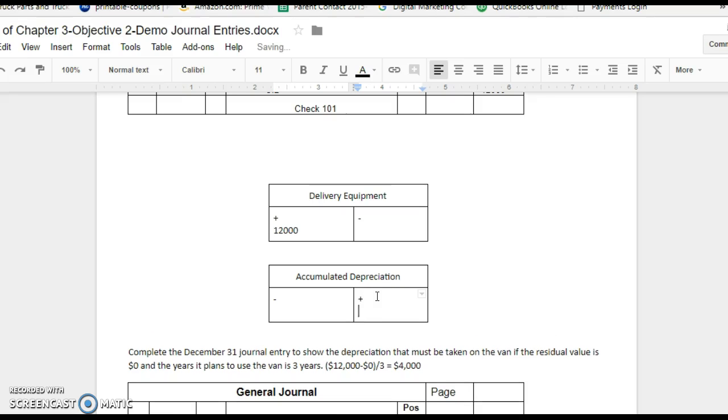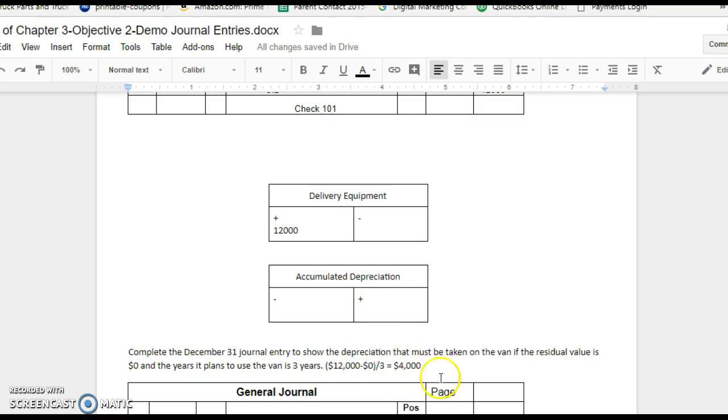So for the first year, like we said, we take the $12,000. There's something called residual value, so you have to figure out how much it is worth at the end of the 3 years. How much could you get out? What's the salvage value? We're just going to say it's nothing. So $12,000 minus your salvage, divided by how many years you plan to use it.